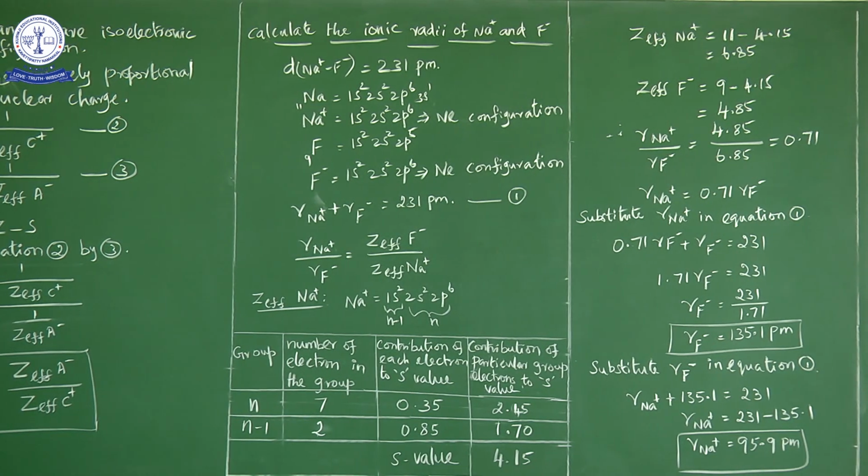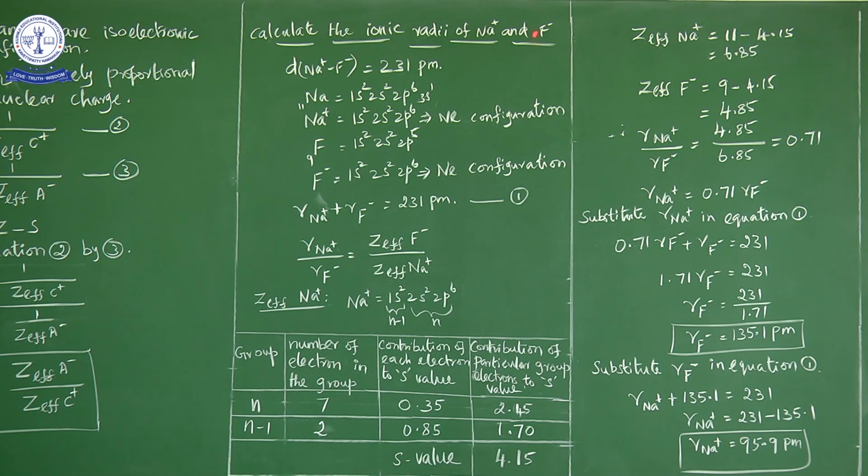So the radius of sodium ion and radius of fluoride ion is calculated by knowing the value of internuclear distance between sodium and fluoride ion, which is equal to 231 picometer. 231 picometer. So internuclear distance கொடுத்துட்டாங்க. The distance between Na plus and F minus is equal to 231 picometer.